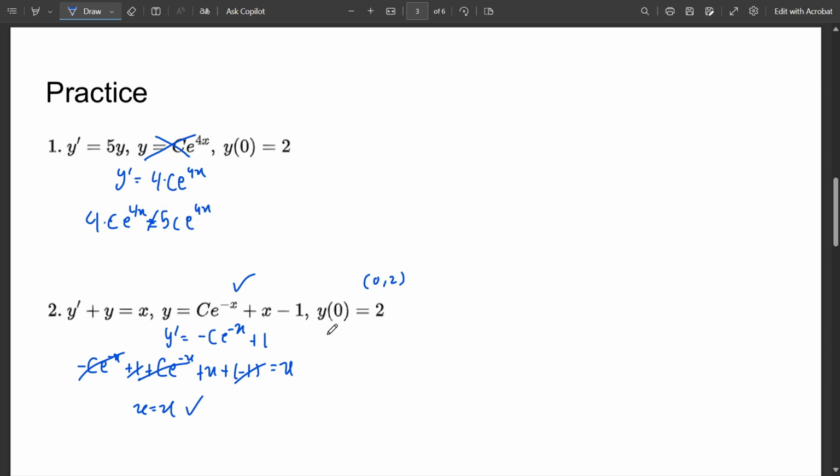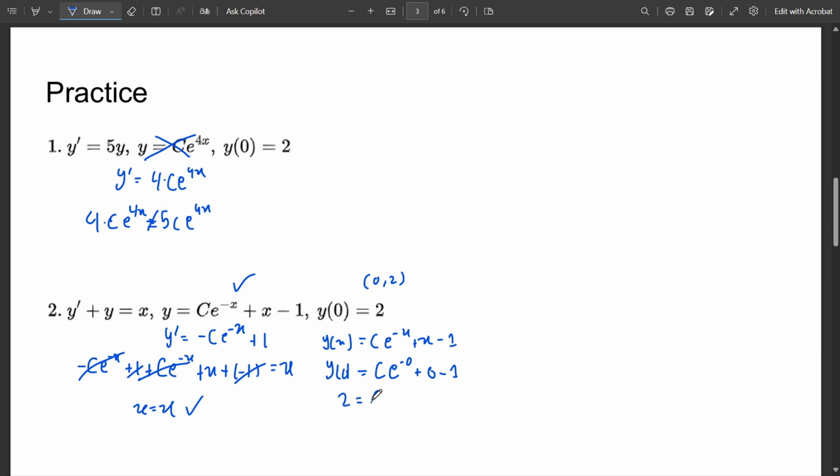So we substitute y of 0. Y of x equals c times e to the negative x plus x minus 1, and 0 is x. We just substitute 0. So y of 0 equals c e to the negative 0 plus 0 minus 1. Well, y of 0 is just 2.